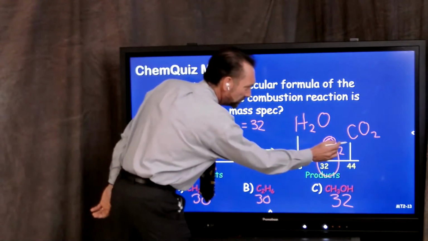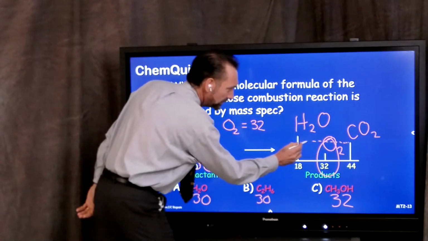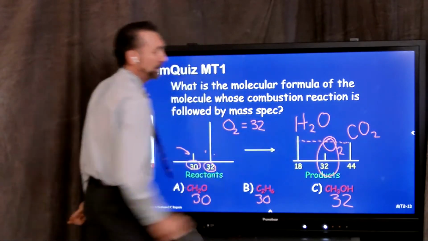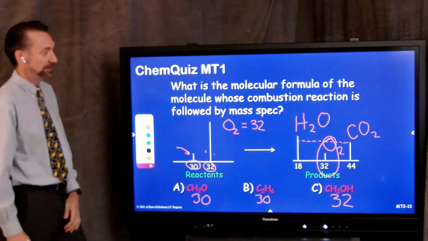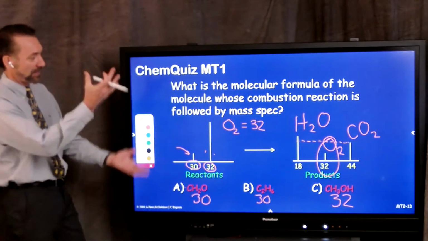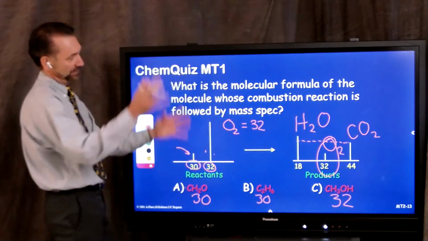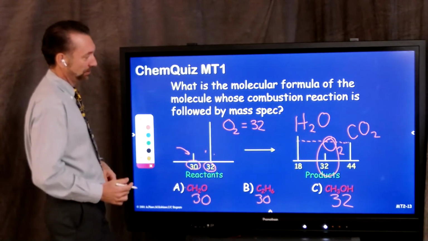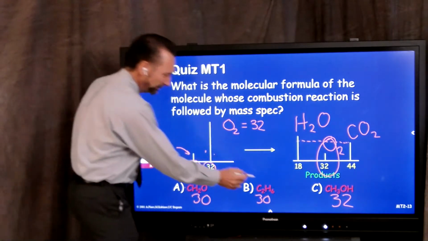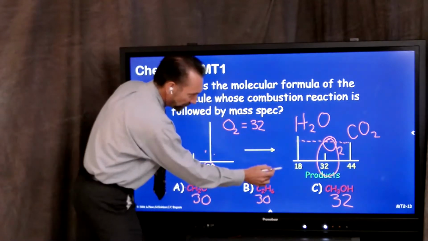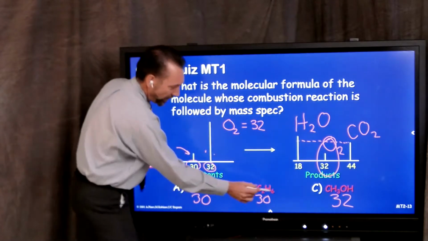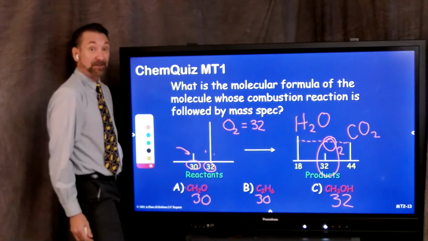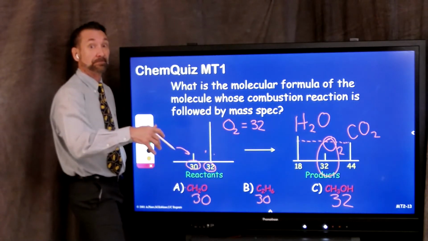This ratio of water to carbon dioxide is something like 3 to 4 or something in that ratio. Here, when you form water, all the hydrogens from your hydrocarbon have to go into the waters.